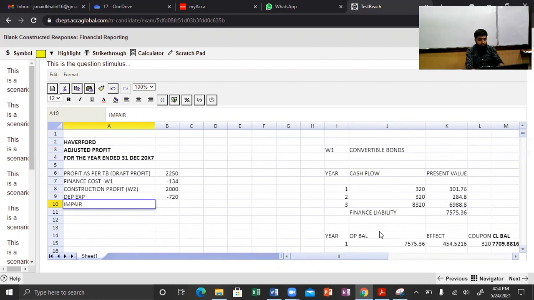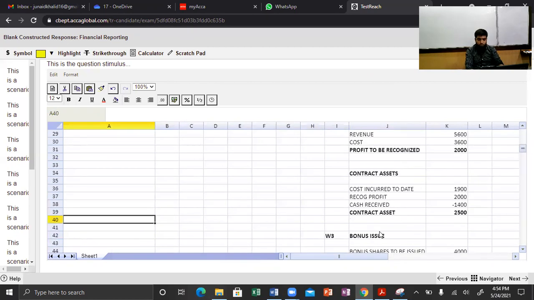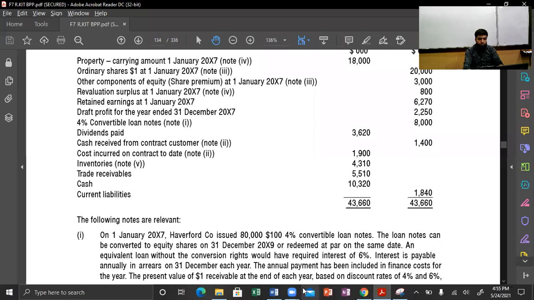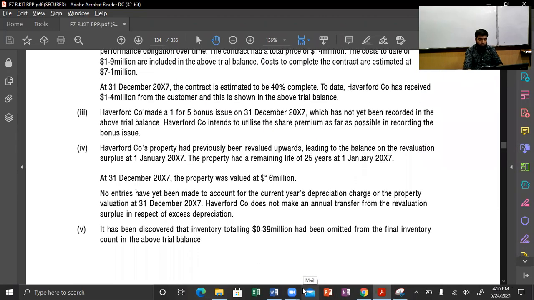Impairment loss will be recorded for 480, and the reference should be given for this one, that is the working for the depreciation as well, and the working for the impairment loss. So we have accounted for this impairment loss as well as the depreciation for the year.